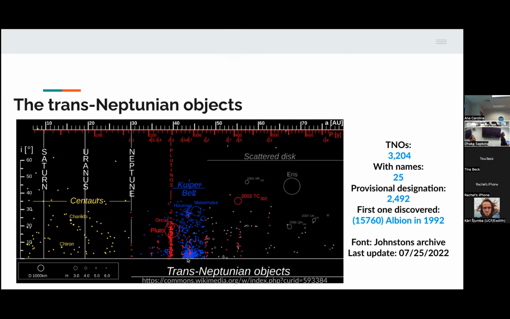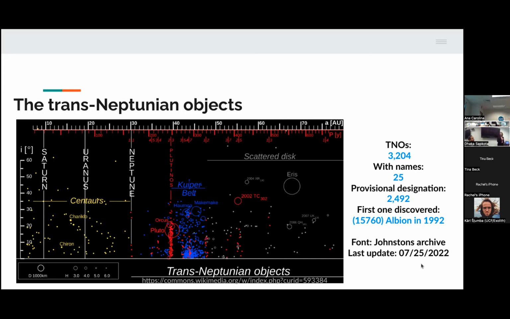Here we have the objects that are not under much gravitational influence from Neptune, and they have low eccentricities. And in gray are the objects that suffered much influence from Neptune and were scattered in their orbits. So the ones in gray are the scattered disk, and the sizes in these figures are almost to scale.